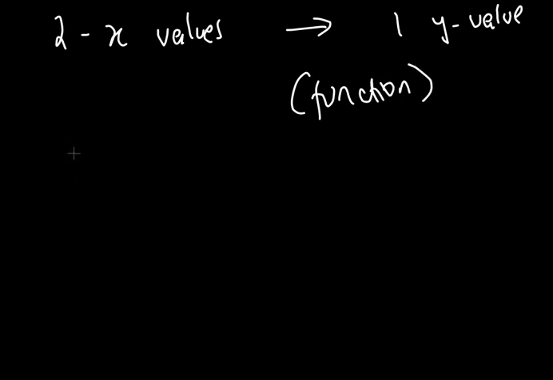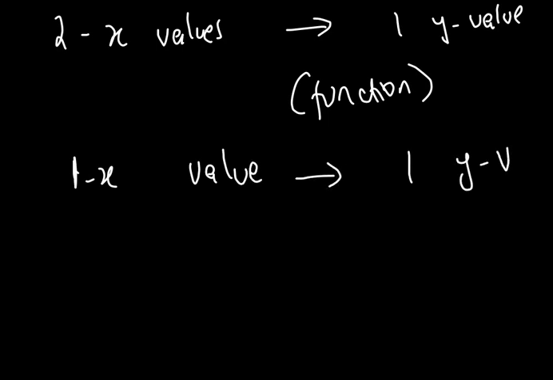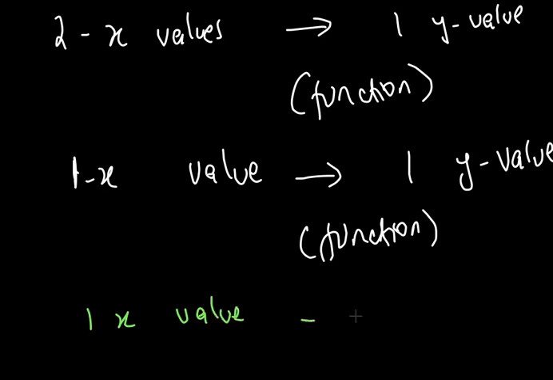If you have 1 x value mapped to 1 y value, then this is a function. However, if you happen to have 1 x value mapped to 2 y values, then here it's not a function, it's a relation.